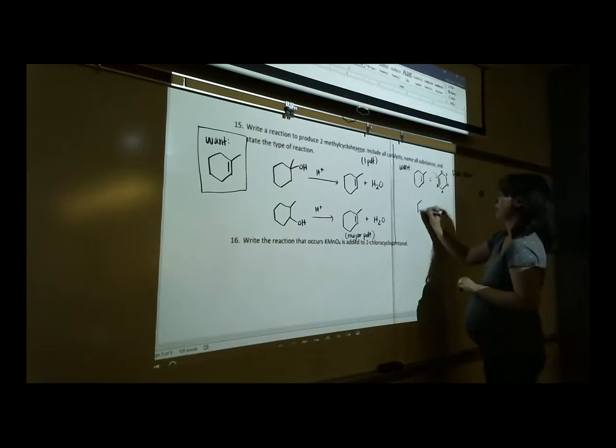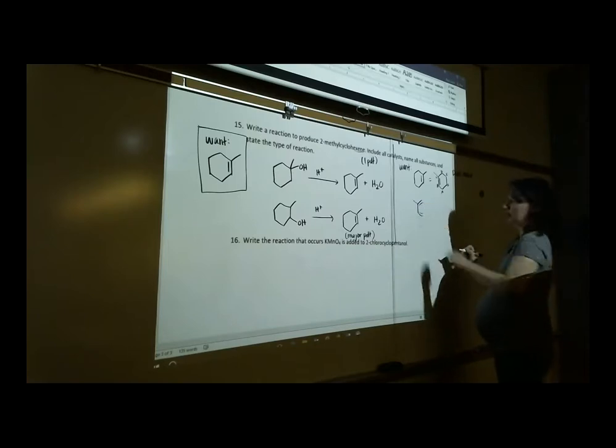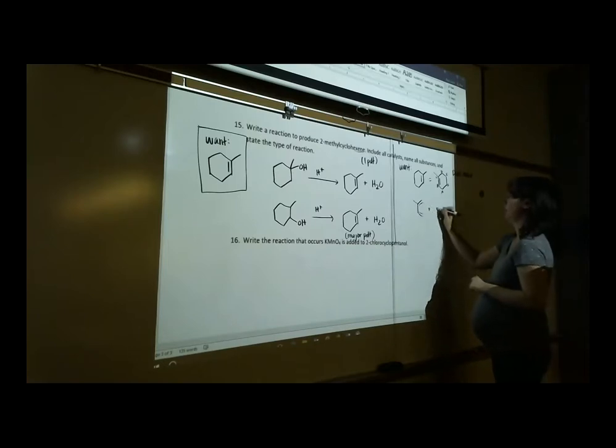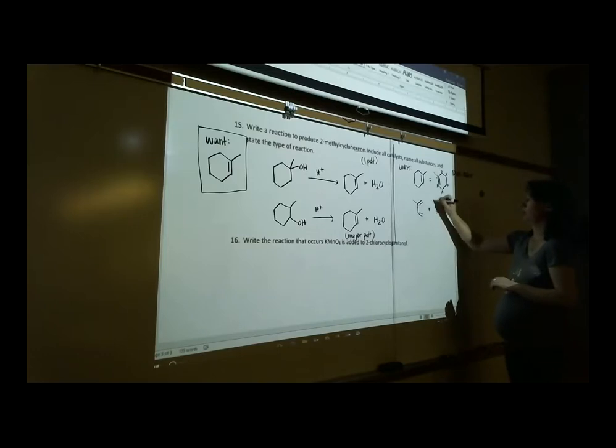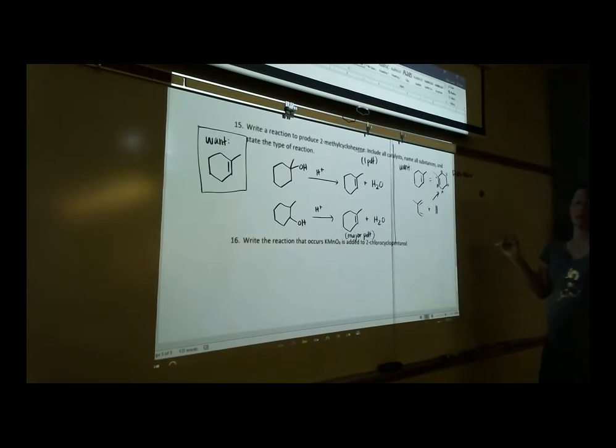A diene with a methyl group right there, that would give you your product. A, B, C, D, E, F. So I would have accepted either one. That's only going to give you one product too.